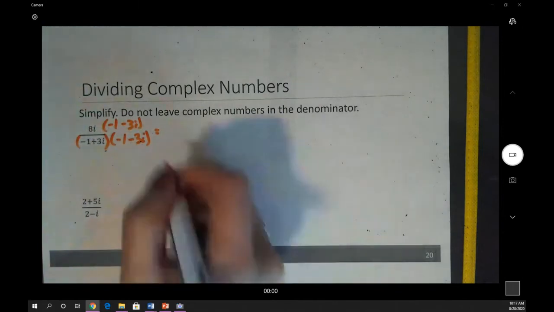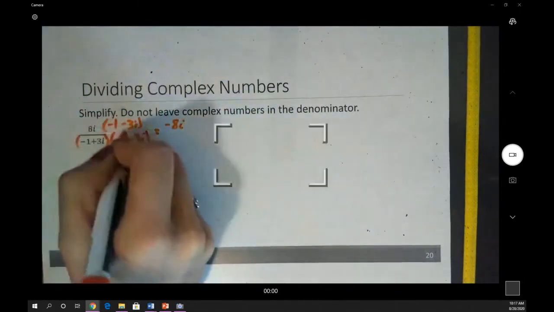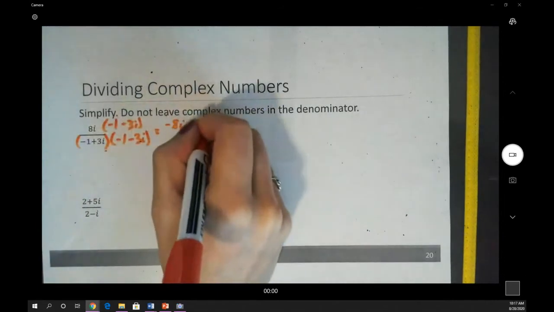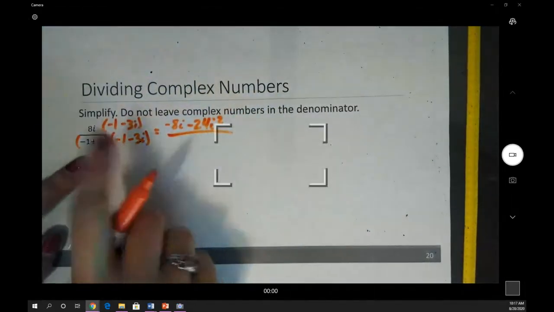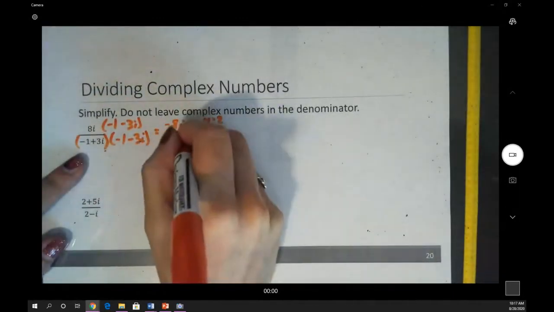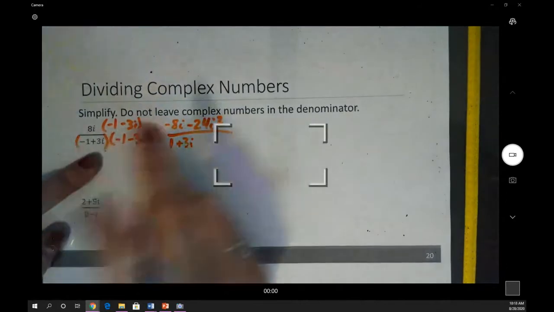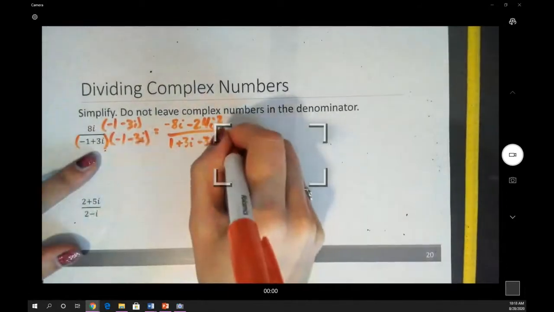If I distribute through the parentheses, I'll have a negative 8i minus 24i squared over negative 1 times negative 1 is a positive 1 plus 3i minus 3i minus 9i squared.